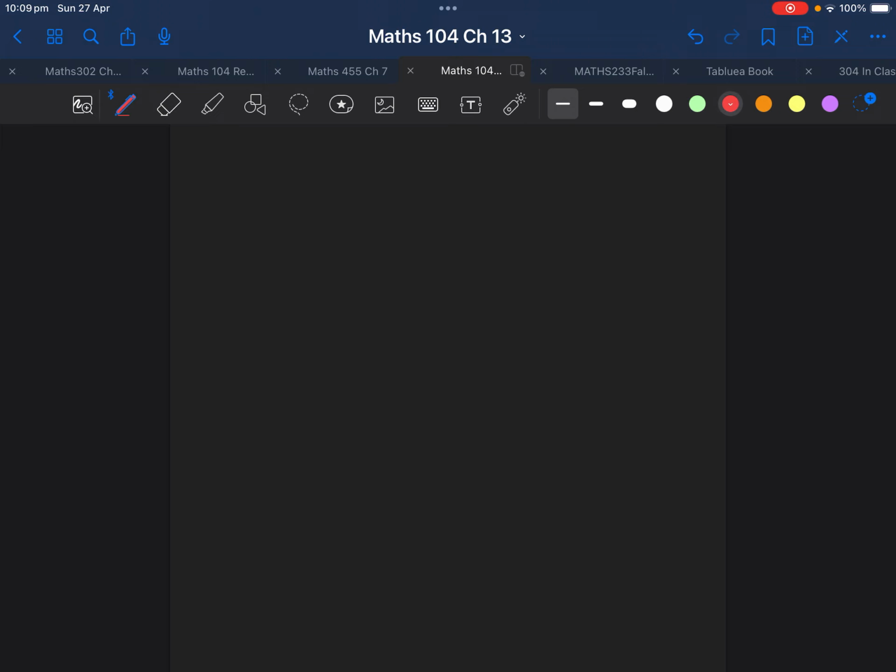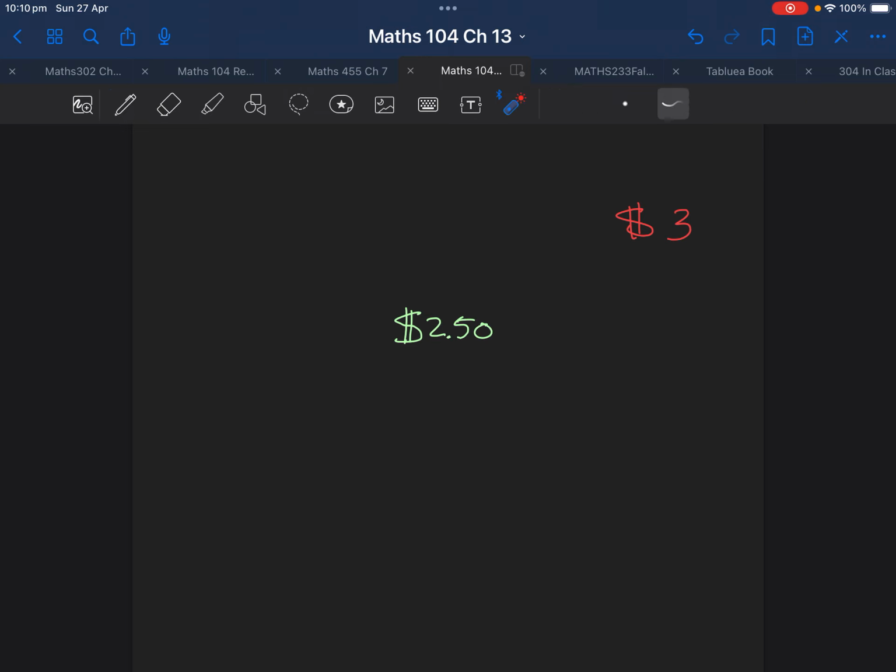Imagine you go to a supermarket with just $3 that you want to spend to buy a chocolate bar. Now, imagine in the supermarket, you see that the chocolate bar is only $2.50.